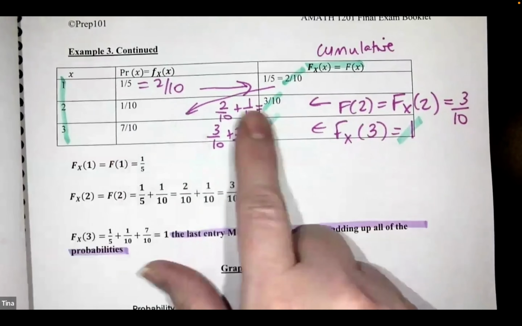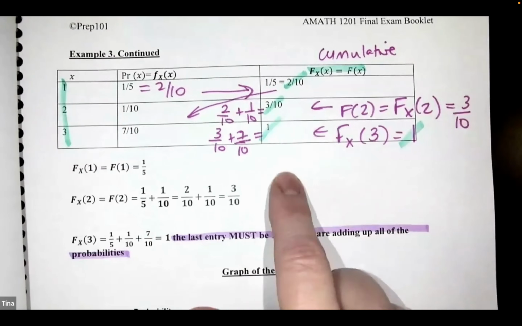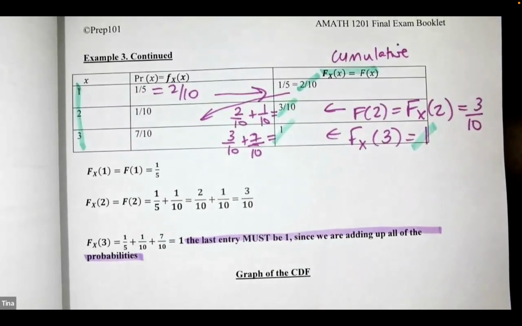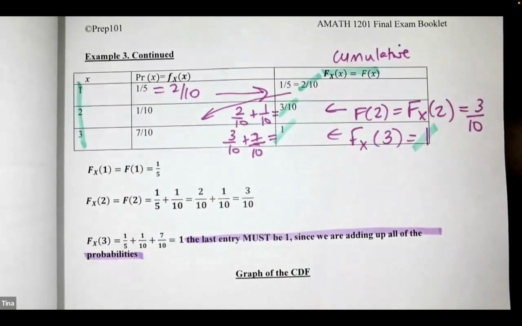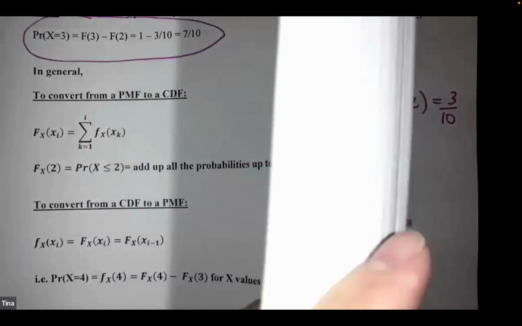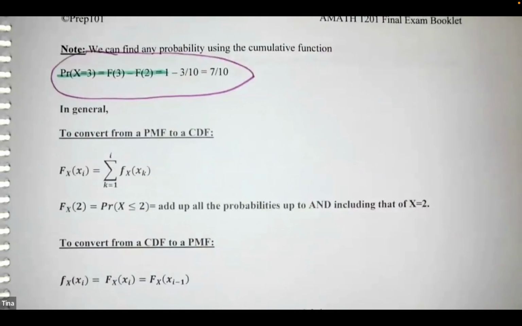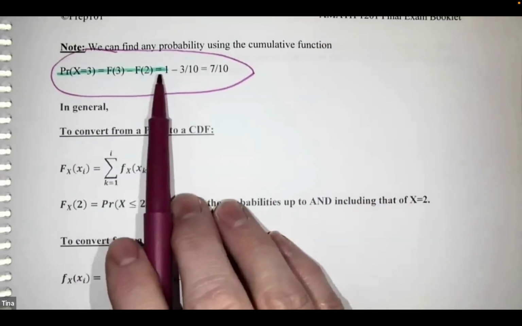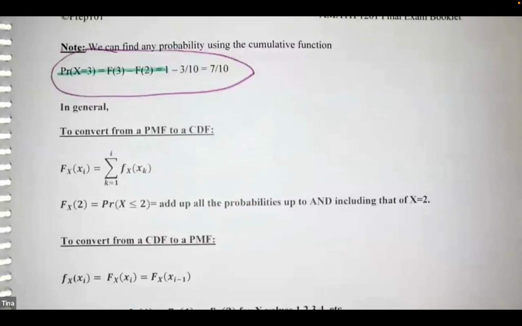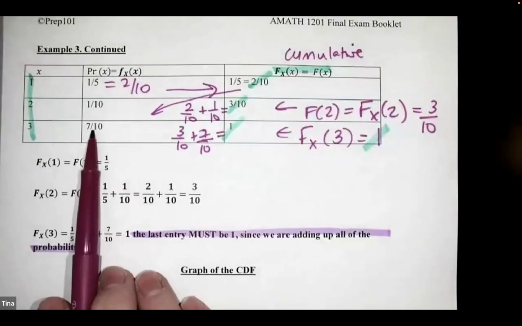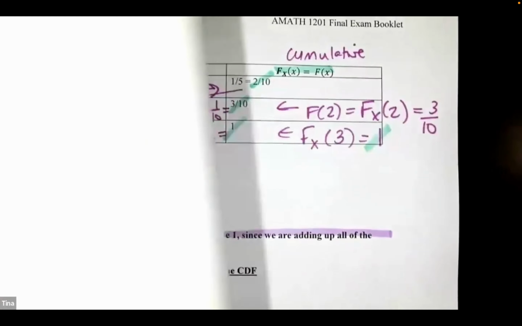So the probability x is 2 would be F of 2 minus F of 1. It's always taking away the one before it. That's a formula you should memorize. In our chart, F of 3 was 1, F of 2 was 3/10. So what's 1 minus 3/10? Well, it's 7/10, which is the probability of 3.